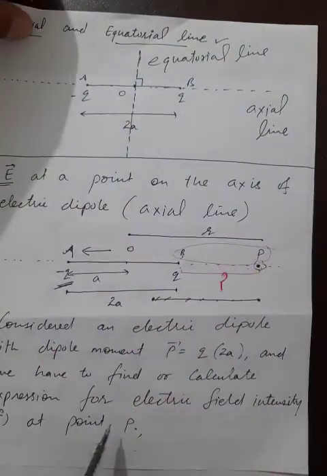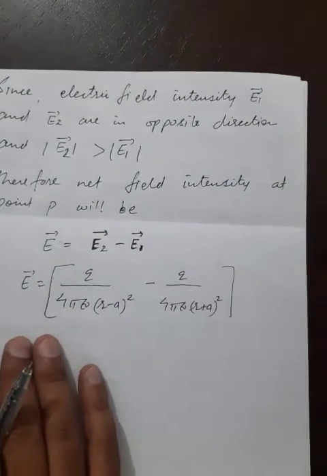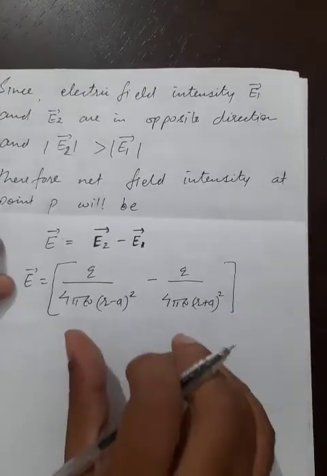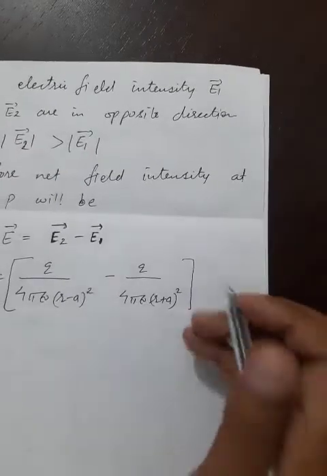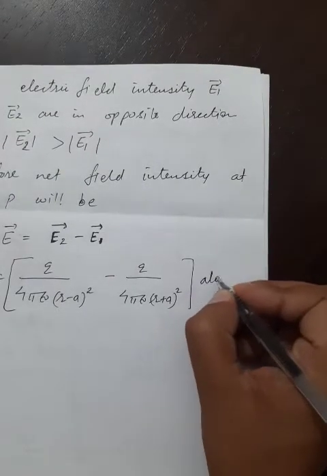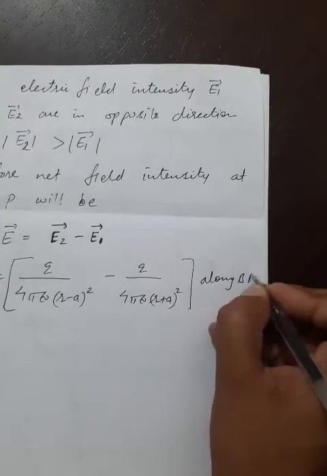So because of that we subtract these two, and according to the magnitude we have the resultant that E vector is the difference of these two. Now direction is of E2, that is along BP.